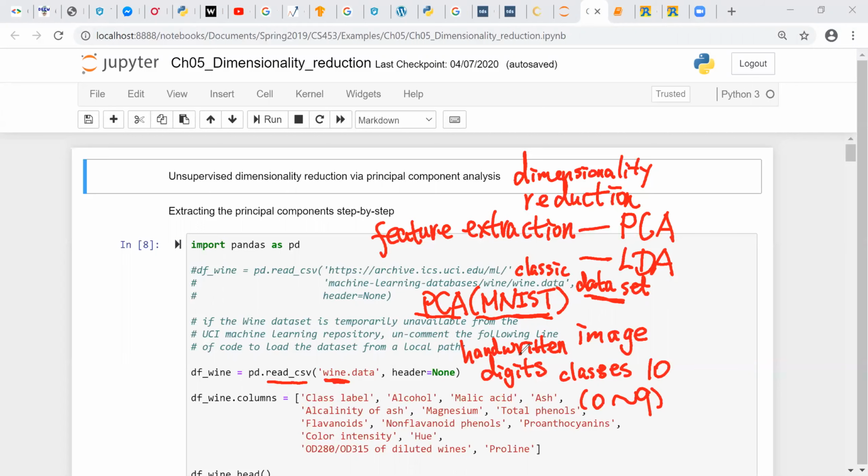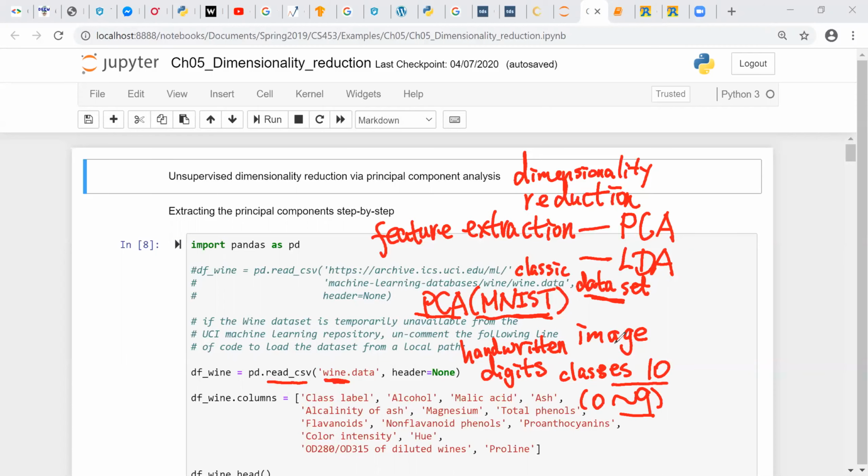I'm just trying to review because I really hope you can remember this classic MNIST data set, what it is about. Like I just explained, it is about handwritten digits. It's for classification, and we use logistic regression to do classification. And there are 10 classes.